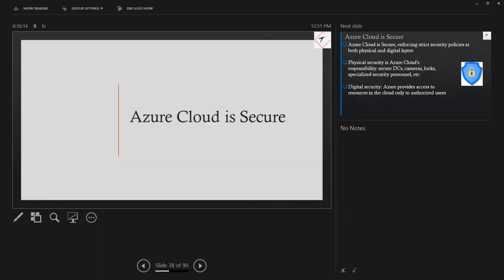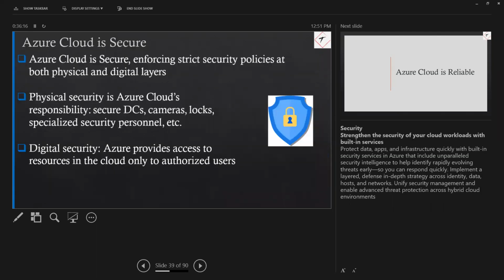Azure Cloud is secure. So what does that mean? Microsoft Azure is responsible to enforce strict security policies at both the physical layer and the digital layer. Azure is responsible to secure the local data centers, ensuring they have webcams, cameras, CCTVs set up there.